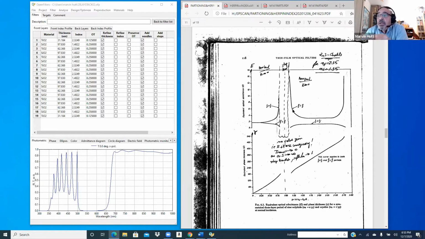Okay? This is called the stop band, which is that, well, if the equivalent optical admittance is 18 or 20, 1 minus E over 1 plus E, it's an enormous 99.999. Yeah, that's the reflectivity being 99.99. That's your laser mirror.